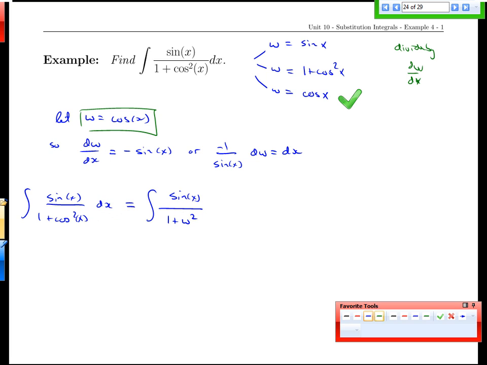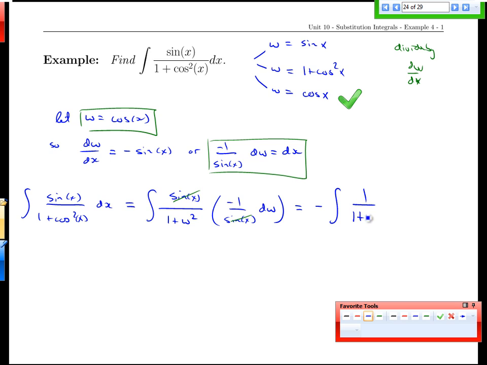And then the dx part, we replace with dw and the 1 over sine stuff. That's our dx. And now we see the benefit of this choice of substitution. We cancel, and we get negative the integral 1 over 1 plus w squared dw.